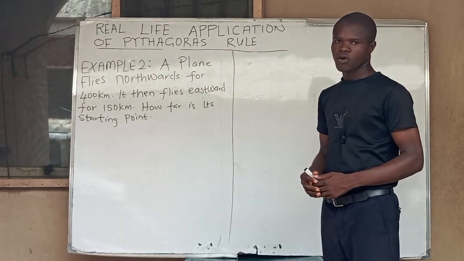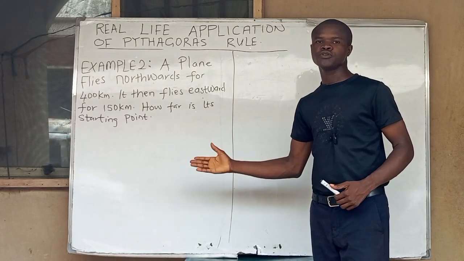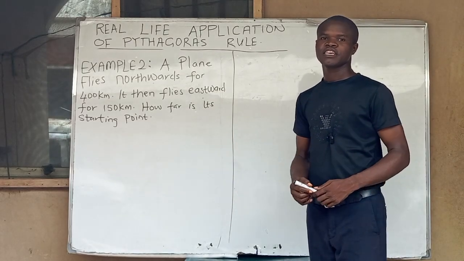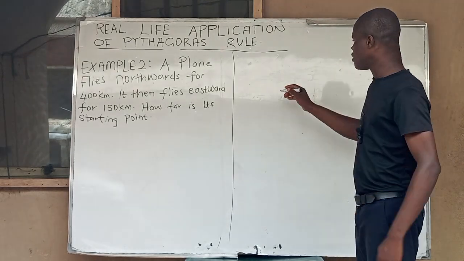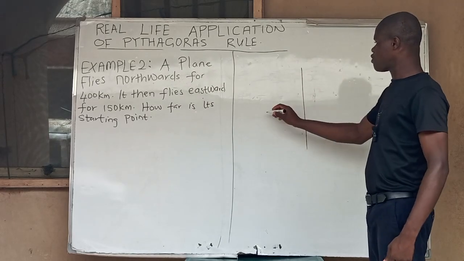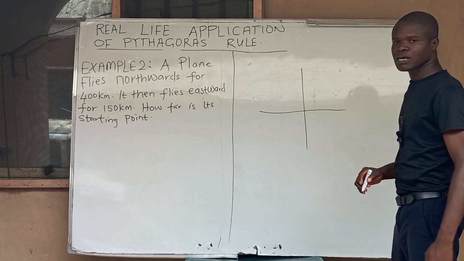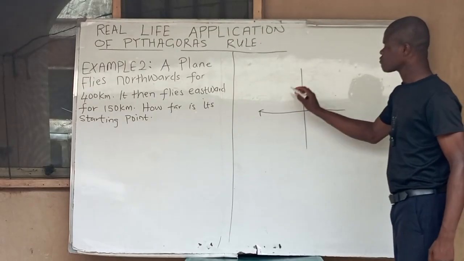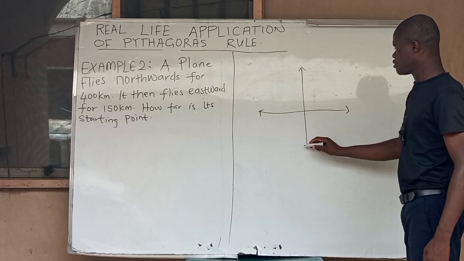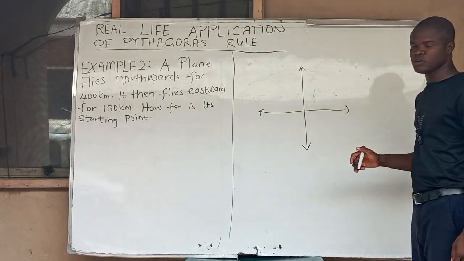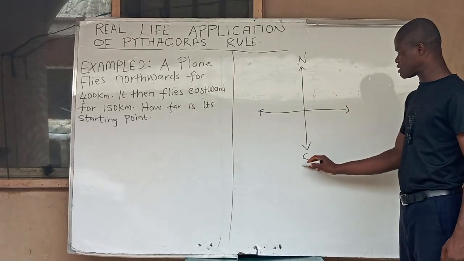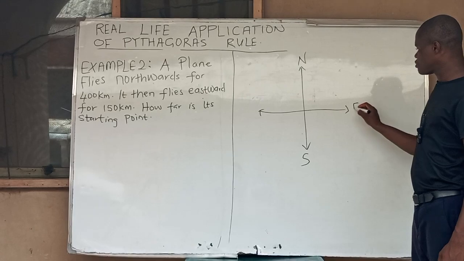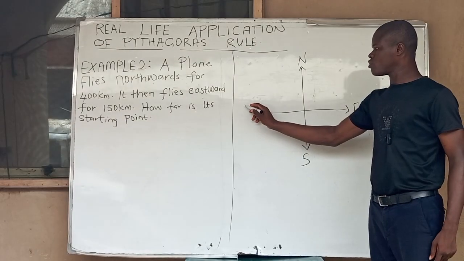One thing that can help you to solve this problem with ease is understanding your cardinal points. This is your cardinal point. Here is called the north, here is called the south, here is called the east, and here is called the west.